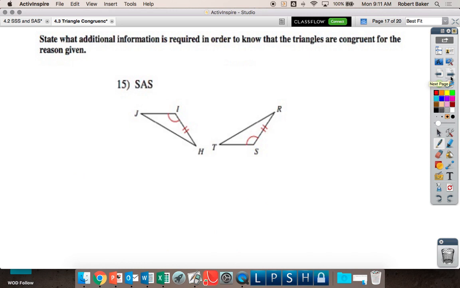The side angle side shortcut. What other piece has to be true in order for the side angle side shortcut to work? I need a side, but which side specifically? JI and TS.